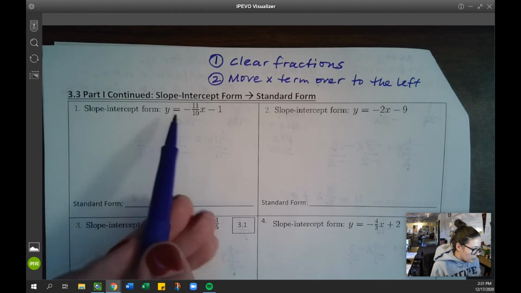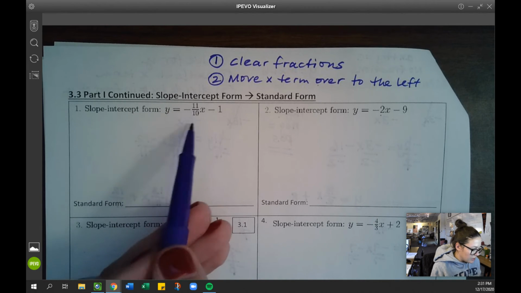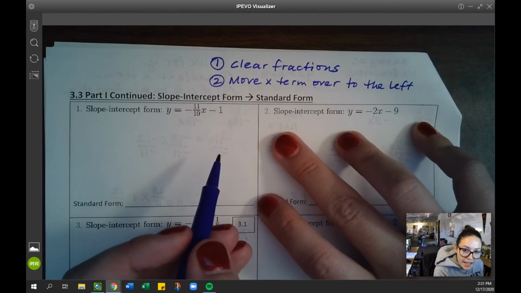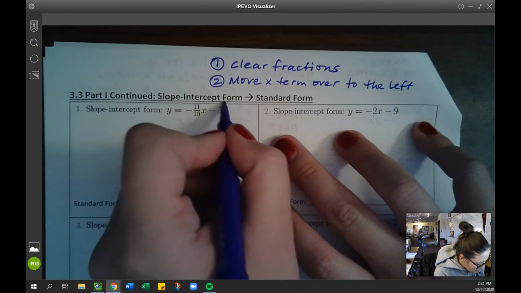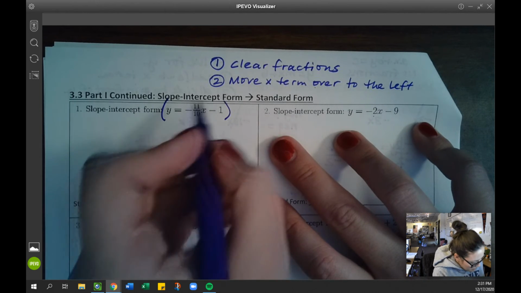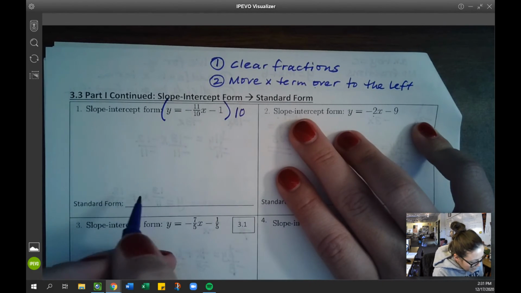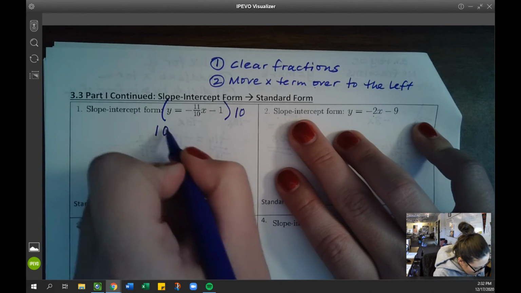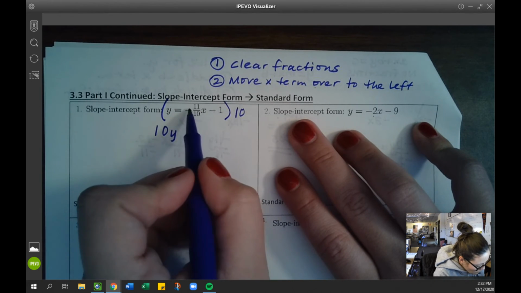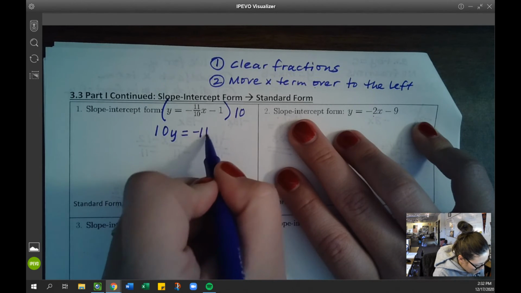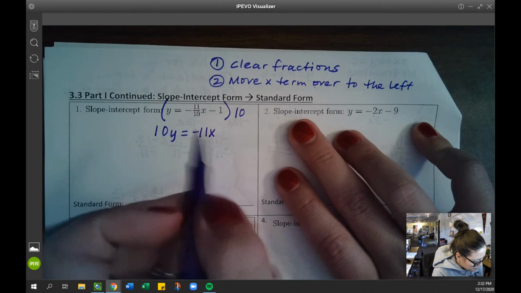All right, so number 1, y equals negative 11/10 x minus 1. Hopefully you guys are getting the hang of clearing out fractions. Since the denominator of this fraction is 10, I'm going to go through and multiply everything by 10. Y times 10 is 10y. When I do negative 11/10 times 10, I'm left with a negative 11x.